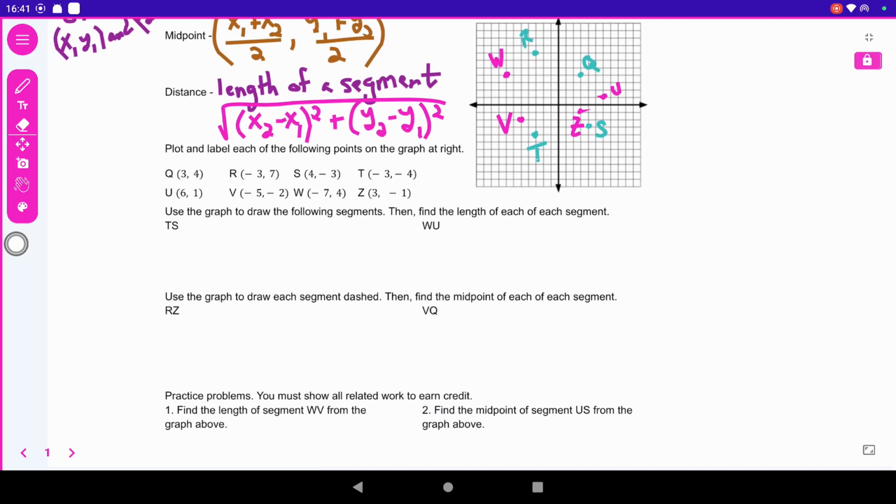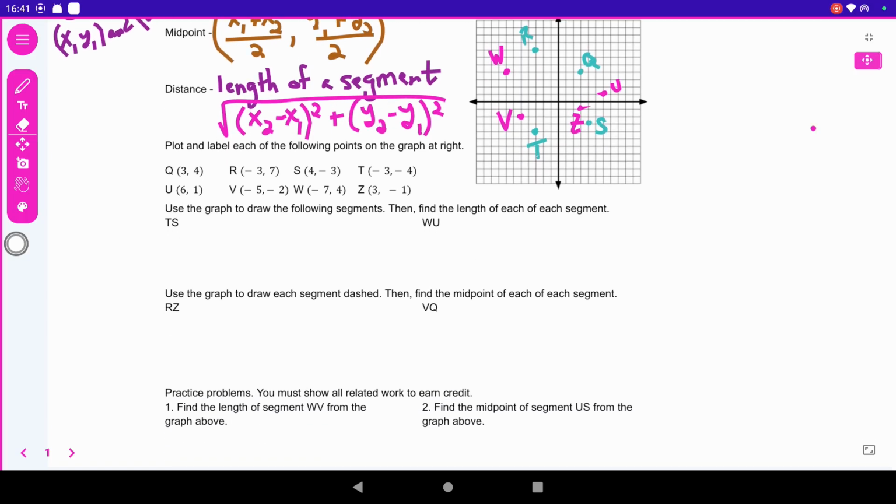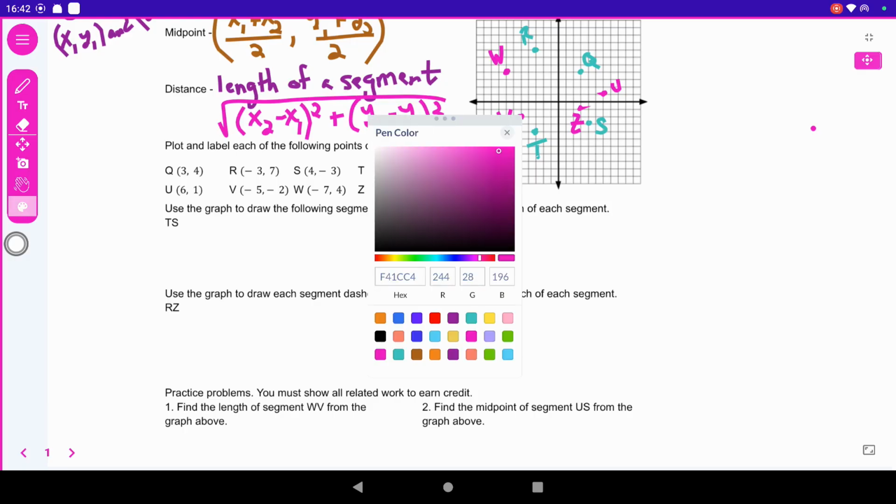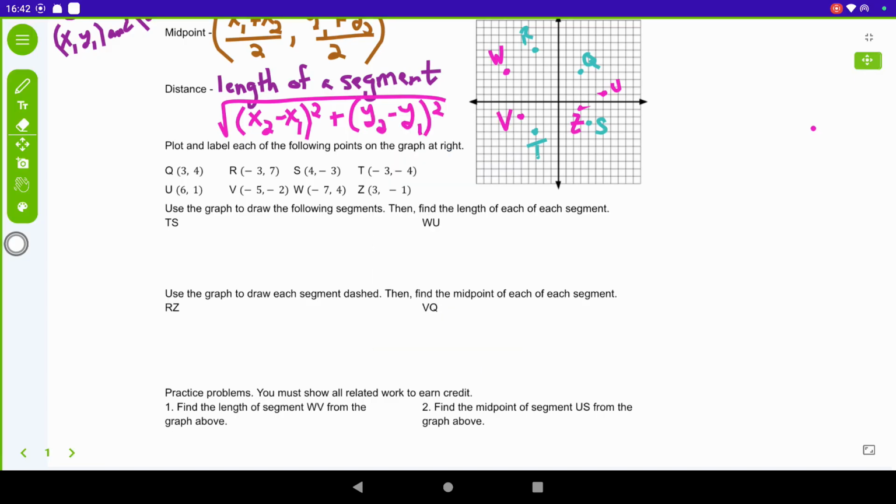I'm going to scroll up a little here. It says use the graph to draw the following segments, then find the length of each segment. All right, so because it says length, we're going to be doing the distance formula. So it says TS.